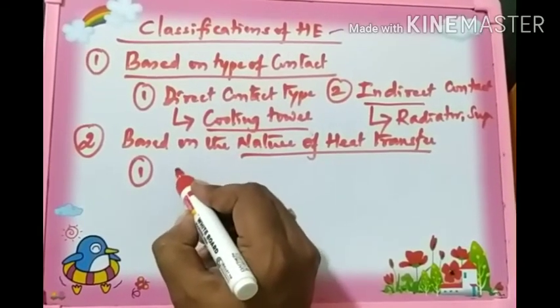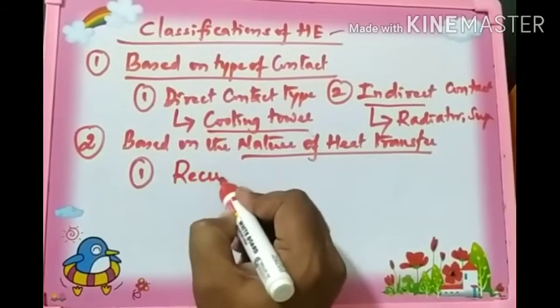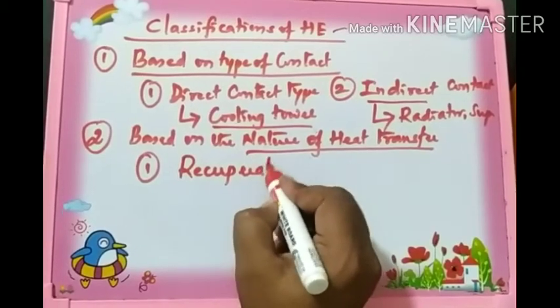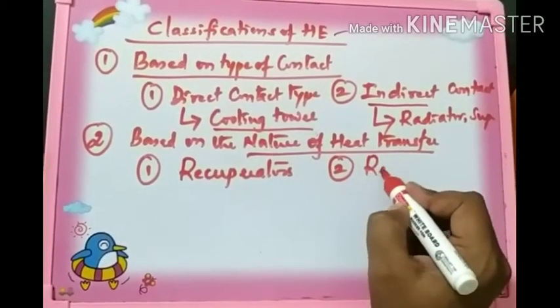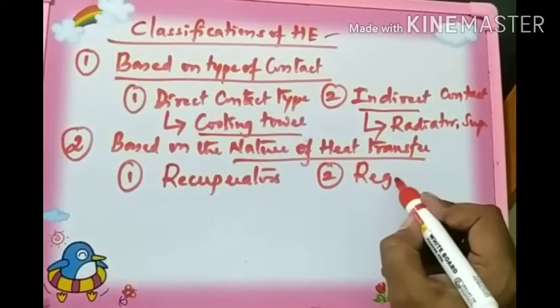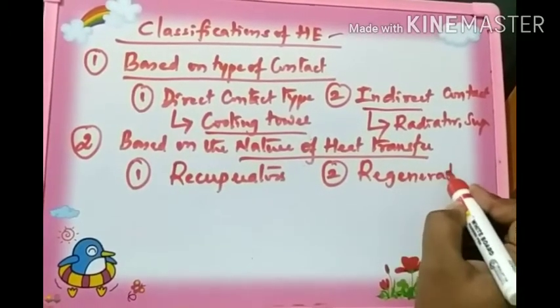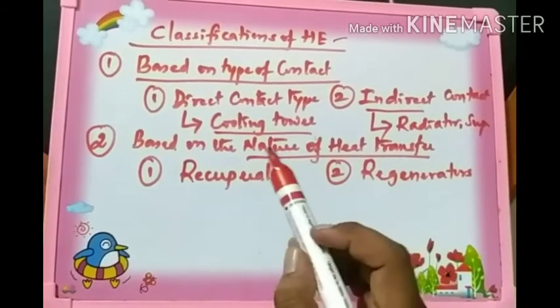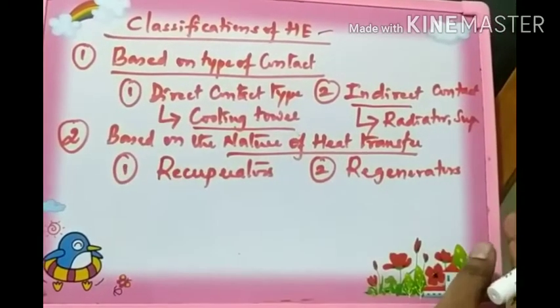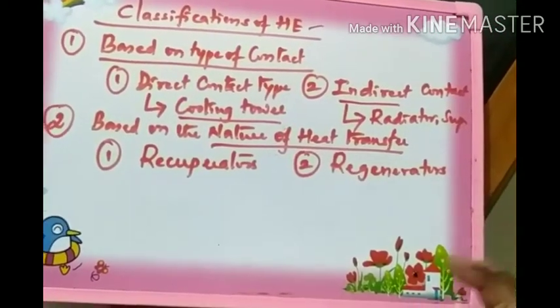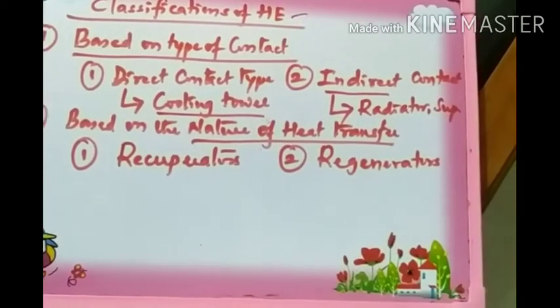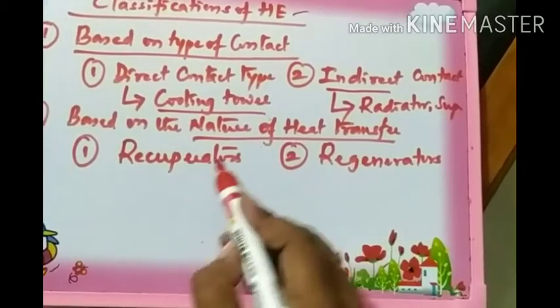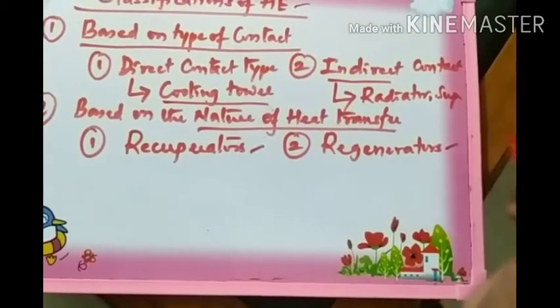One is called recuperators. Second one is called regenerators. So I repeat again, the second classification is based on the nature of heat transfer. We can classify them into recuperators and regenerators.